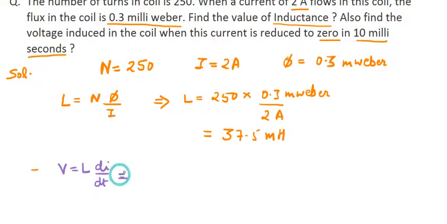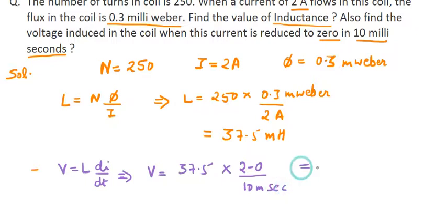Put the values. 37.5 millihenry, and the value of current is from 2 ampere to 0, that means 2 minus 0, in 10 milliseconds. Then the value of dt is 10 milliseconds, which gives the value of voltage as 7.5 volt.